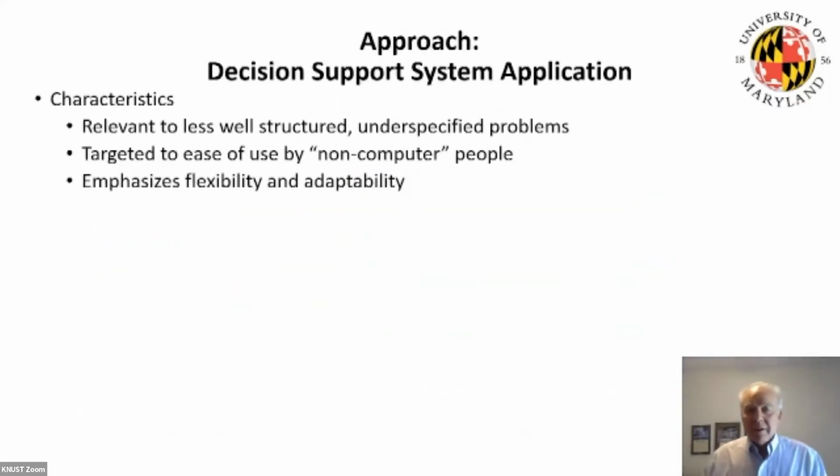So some characteristics of decision support systems. They're particularly relevant to less well-structured, under-specified problems. The things that we don't deal with necessarily in a firm or an organization every minute, customers calling for price information, that's a very structured setting. As developers, we need to remember that oftentimes the users, particularly in agriculture and agribusiness, I say here are non-computer people.